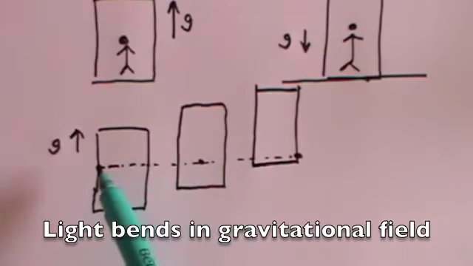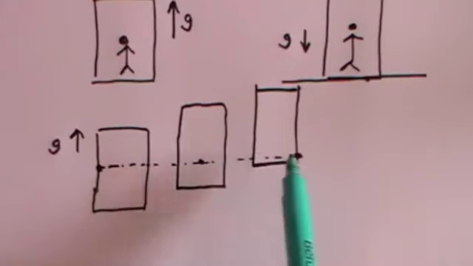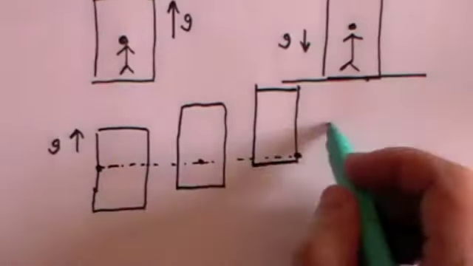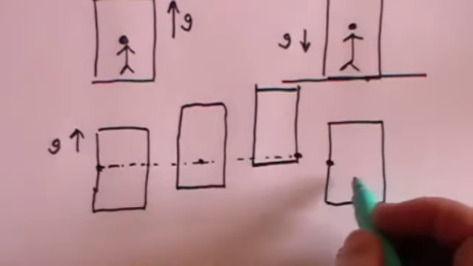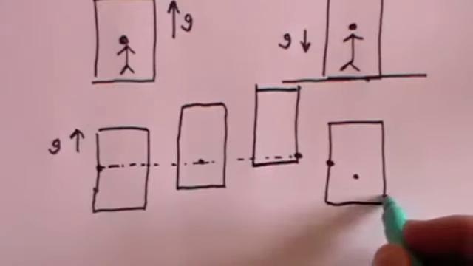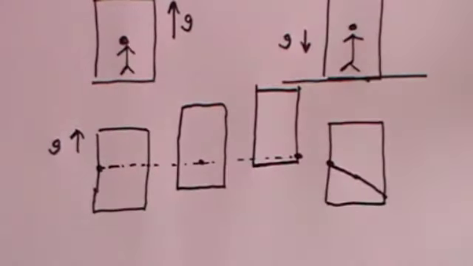So if you look at it, it appears within the box that the light has gone from here to a point lower down to a point even lower down. In other words, the overall impression is that the light has gone from here to here to here, and that's a curve. At least it should be if I've drawn it properly.